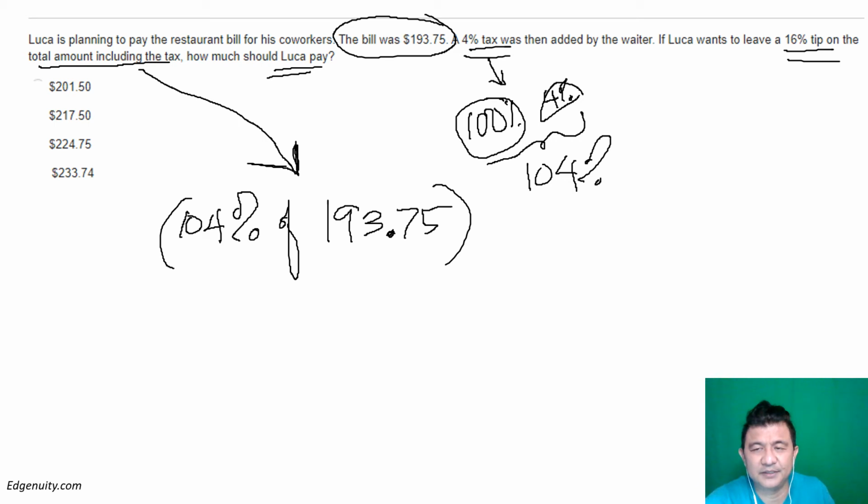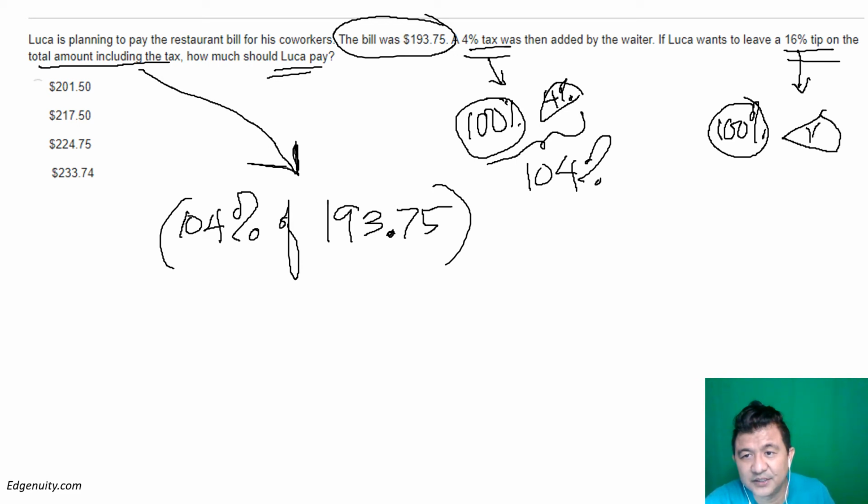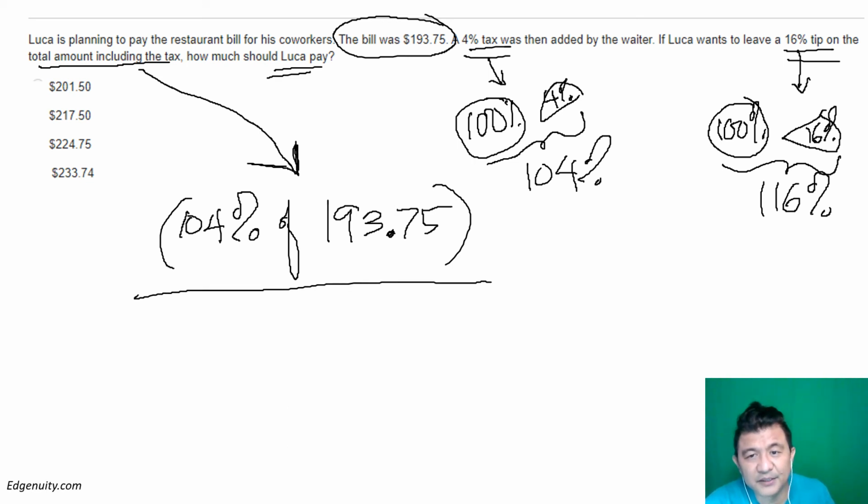A tip. If I'm going to pay 16% tip, what do we mean by that? I'll pay all of that amount, the 100%, plus an extra 16% tip. I'm going to pay a total of 116%. So whatever this amount is, I'm going to multiply it by 116%.